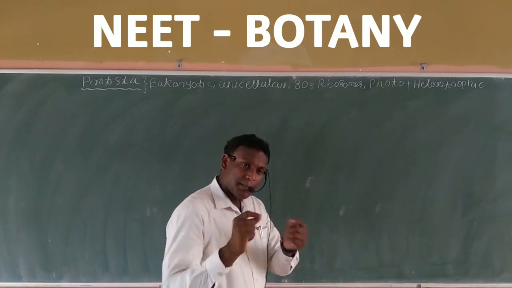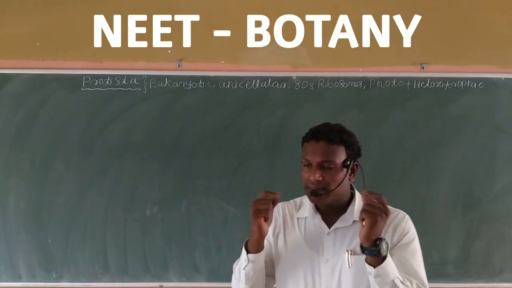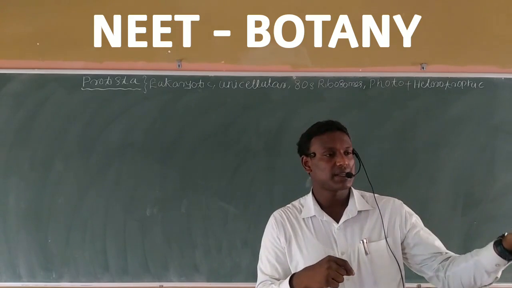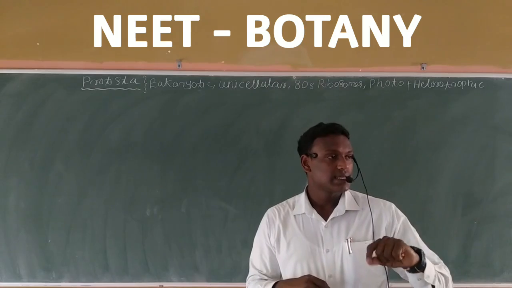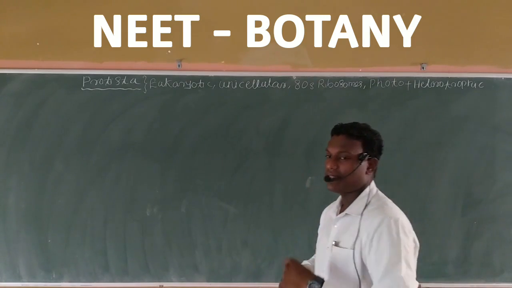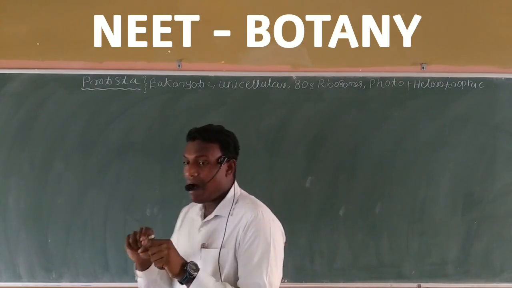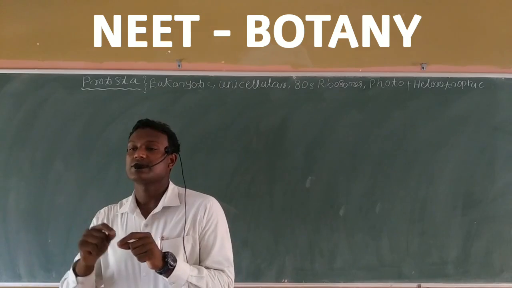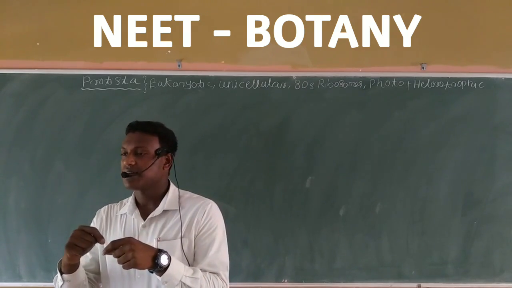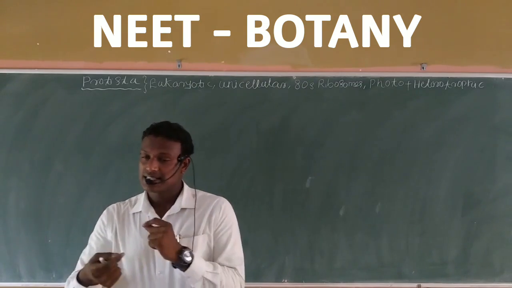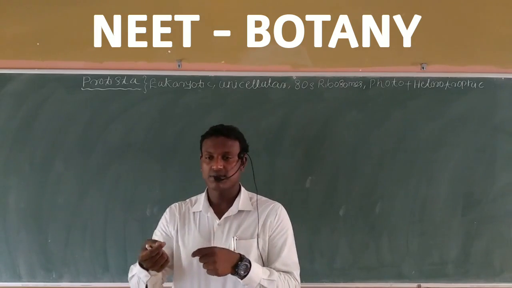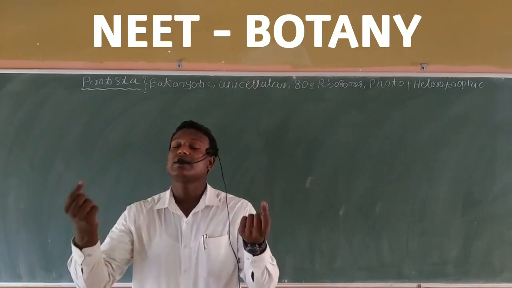So listen, some biologists think that members belonging to Protista have some characters similar to plants. Some biologists say that Protista are similar to animals because of their nutrition. Some members of Protista have a cell wall and some members do not have a cell wall.